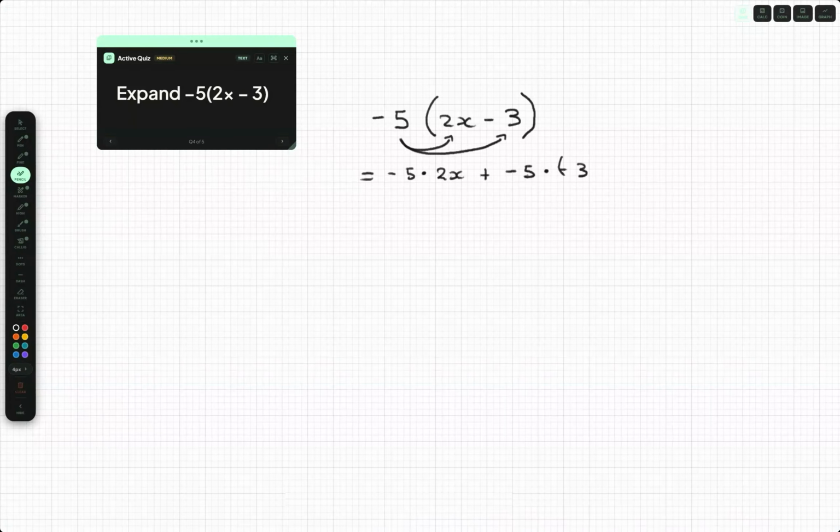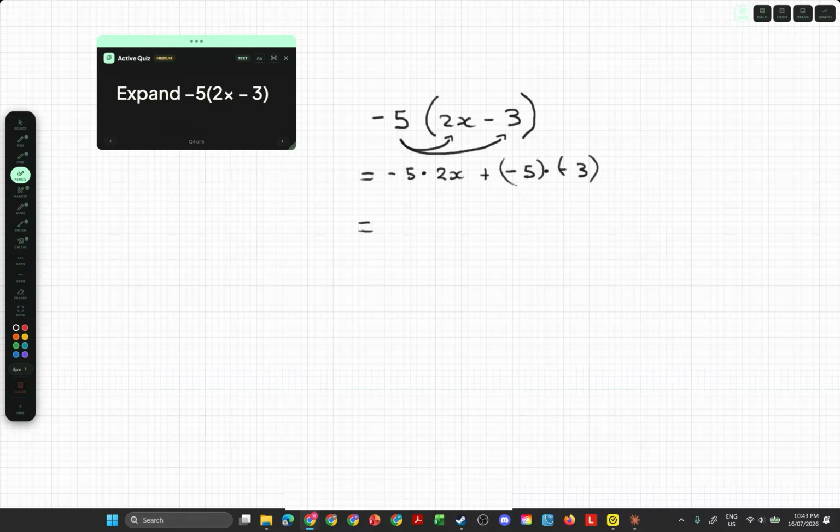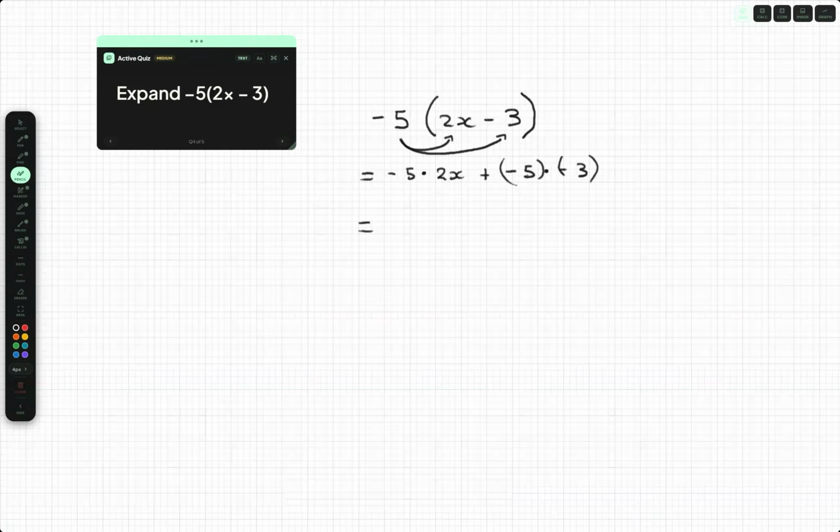You can put both of these in brackets, or just one of them, however you want to write it out. So minus 5 times 2x is just going to be negative 10x, plus minus 5 times minus 3. A minus times a minus is going to be positive, so we can ignore the signs and do 5 times 3, which is 15.